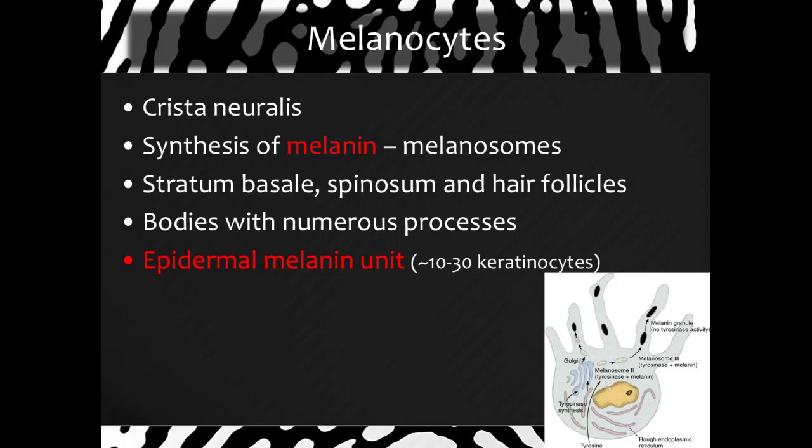Melanin is the pigment whose most important function is to protect the organism against the damaging effects of ultraviolet irradiation.